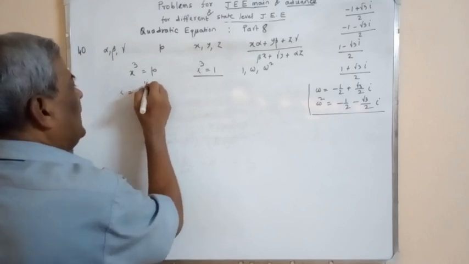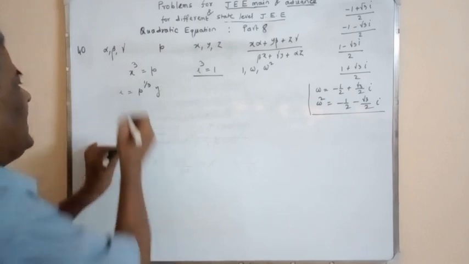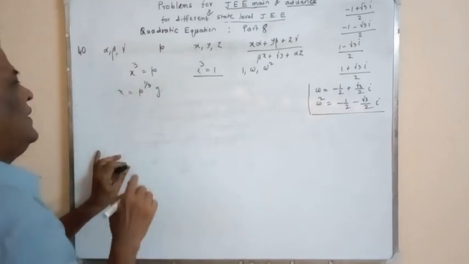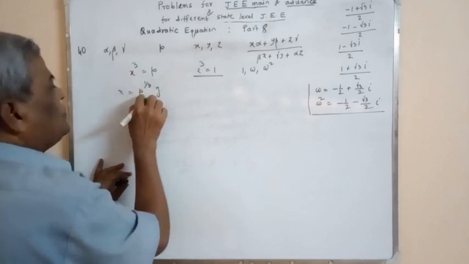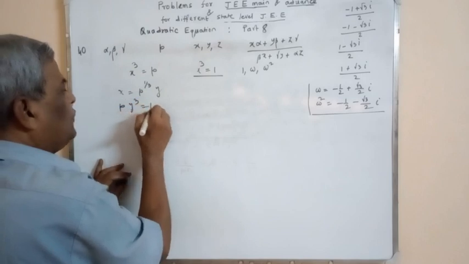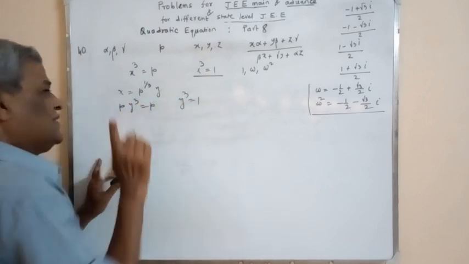Now, to solve this in terms of omega, omega square, let us put x equals p to the power 1 by 3 into y. Putting it here, p y cube is equal to p, that is y cube is equal to 1. P cancels.